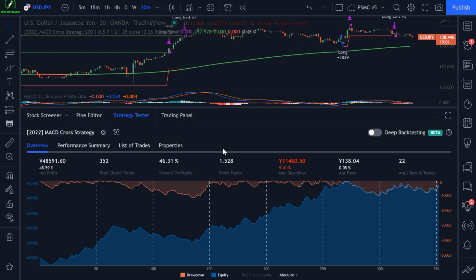I'm not giving you systems to go out and trade. I'm giving you ideas to play around with and demonstrating concepts in Pine Script. So let me be very clear about that. If you do want to trade this system, take the time to backtest it yourself properly over hundreds, preferably thousands of trades. Go through that process to make sure that the system performs within metrics that you are comfortable with.